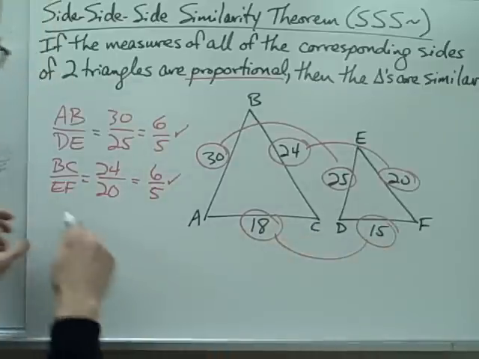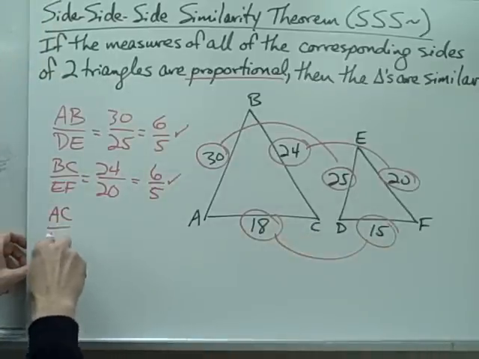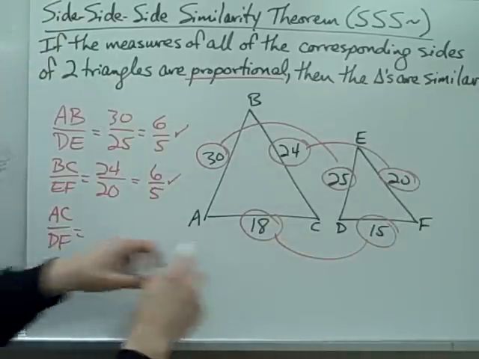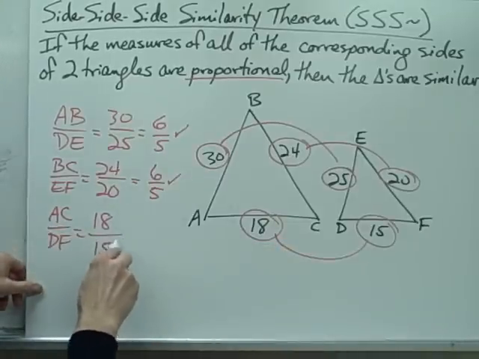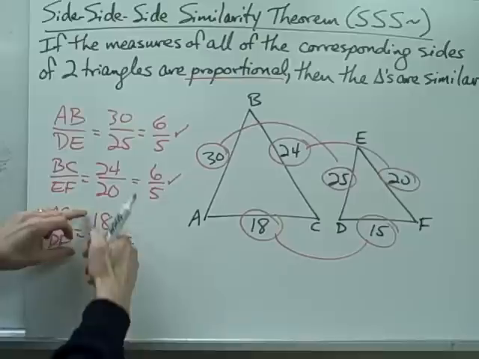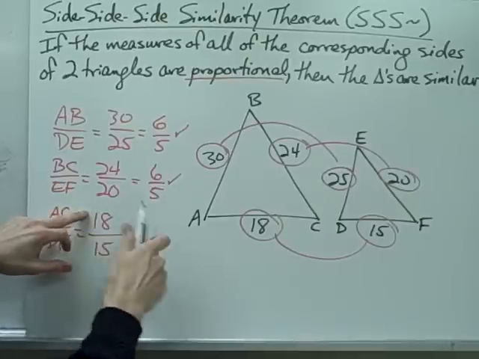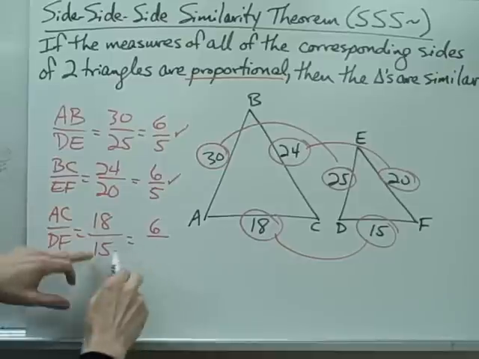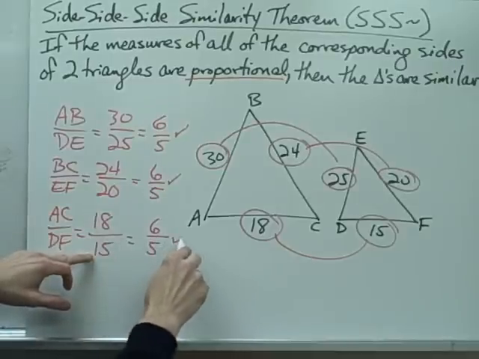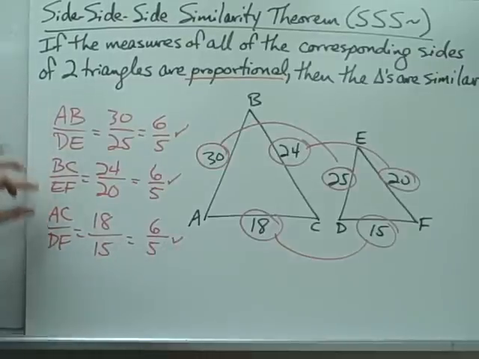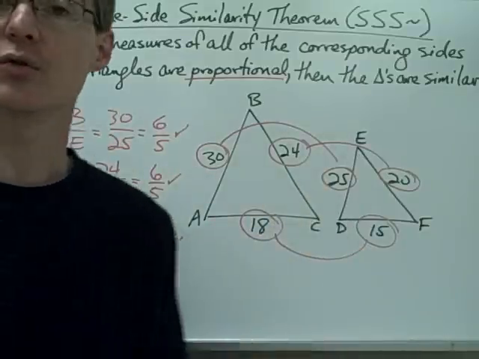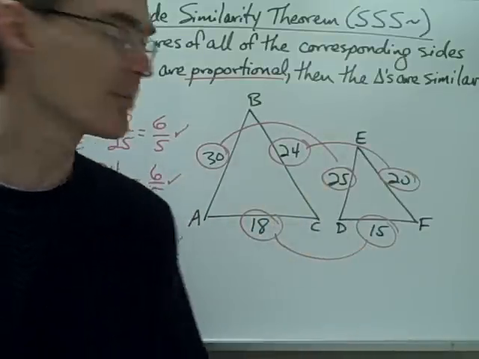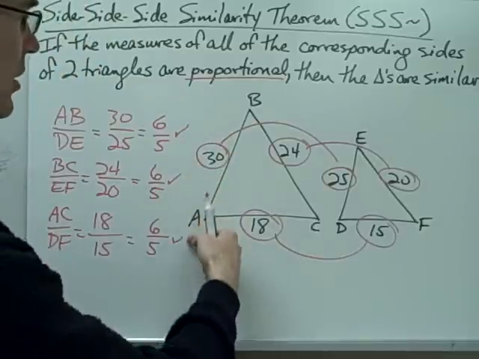That's going to be AC to DF. AC is 18. DF is 15. And let's see, if I divide top and bottom by 3, that will give me 6 over 5. And so yes, I see that each pair of corresponding sides between these two triangles is equal to the same number, which means that they are all proportional.